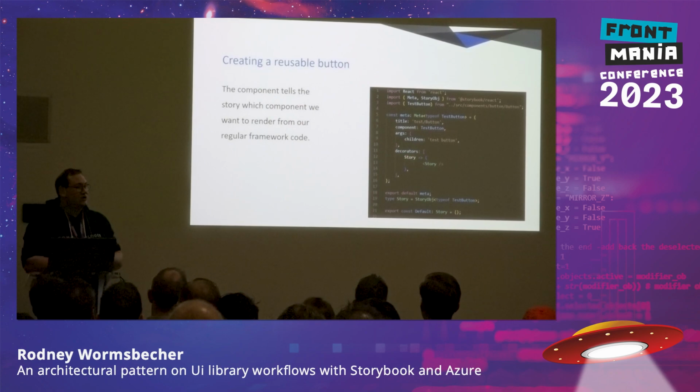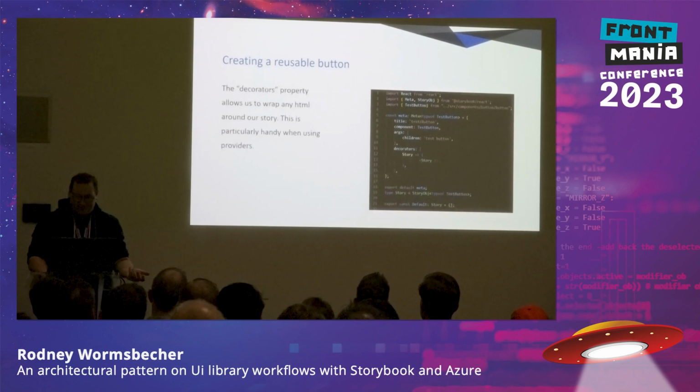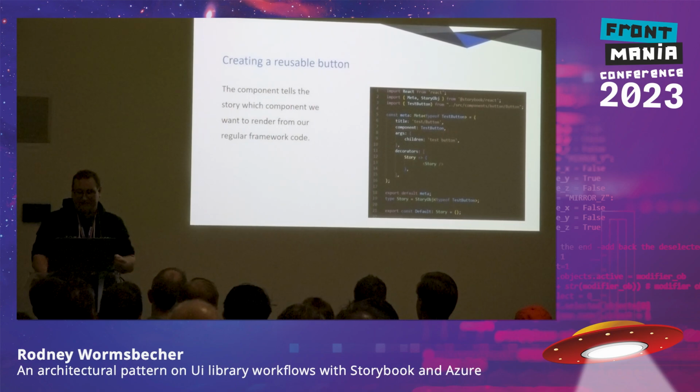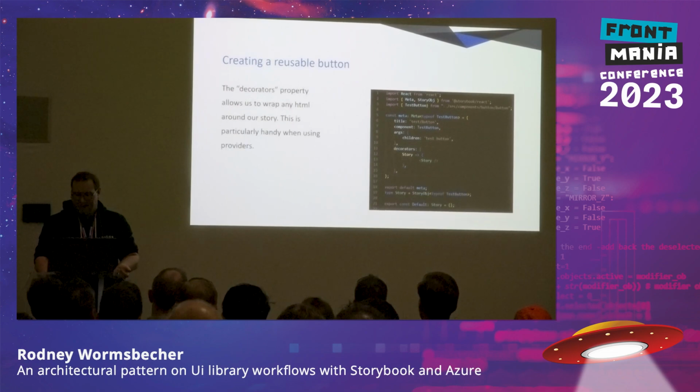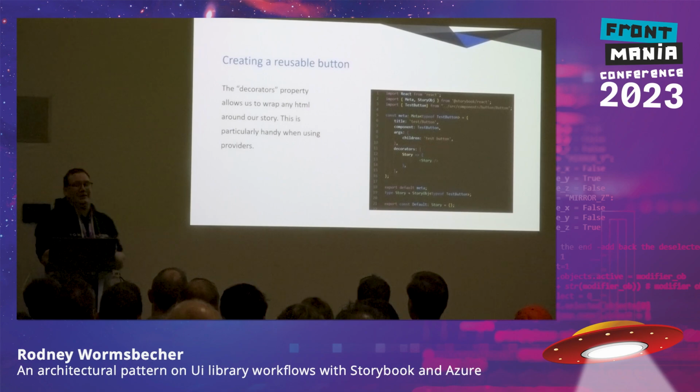And next up, we use the component where we actually say which HTML component we're going to put in there. In this case, a React component, test button. Oh, I skipped that one. OK, so arguments are basically your props. And we'll have a look at this later, because it's a little bit easier to explain when you see it in action. Decorators are the things that you can wrap your component in.